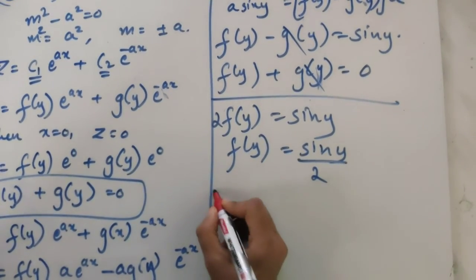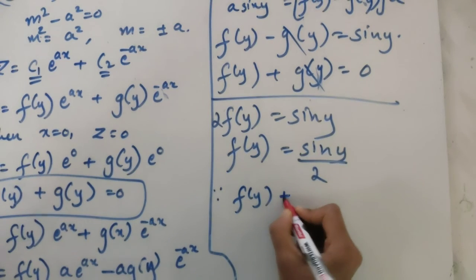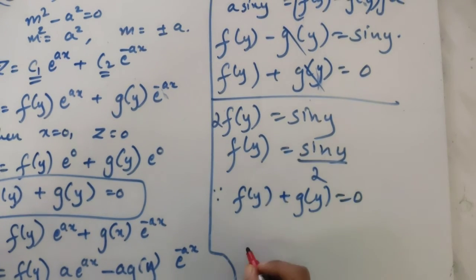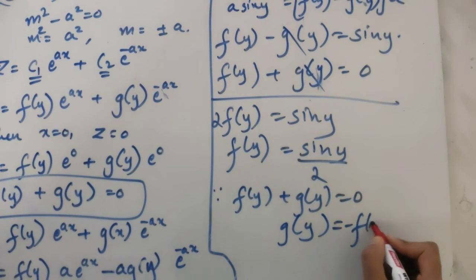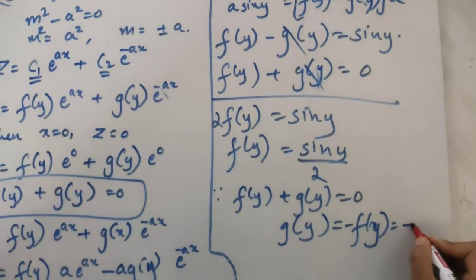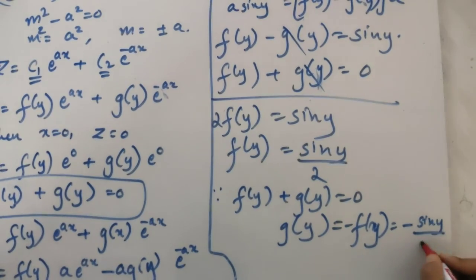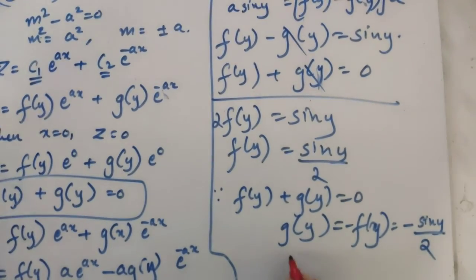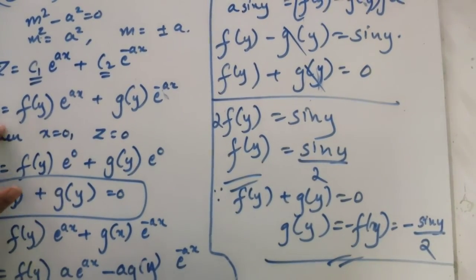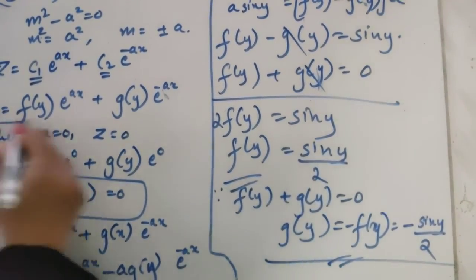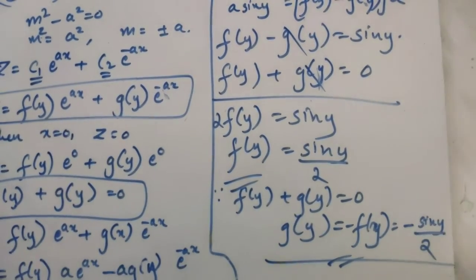But since f of y plus g of y is equal to 0, g of y is equal to minus f of y, or it is minus sine y divided by 2. You have got both the values for f of y and g of y. Let's substitute them in your solution for z. So let's do the substitution here.